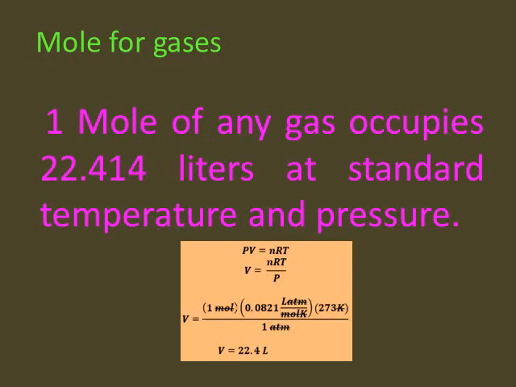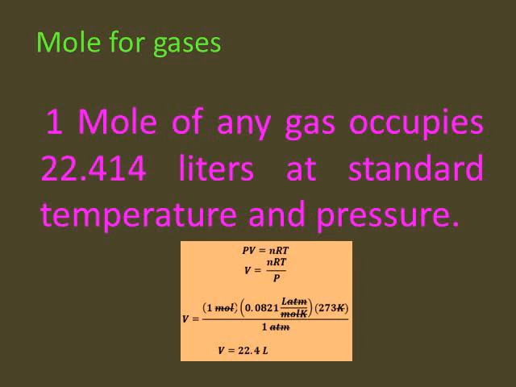How is mole expressed in gases? Gases have large volume because molecules are far apart from each other. So 1 mole of any gas occupies 22.414 liters at standard temperature and pressure. Let's prove it.